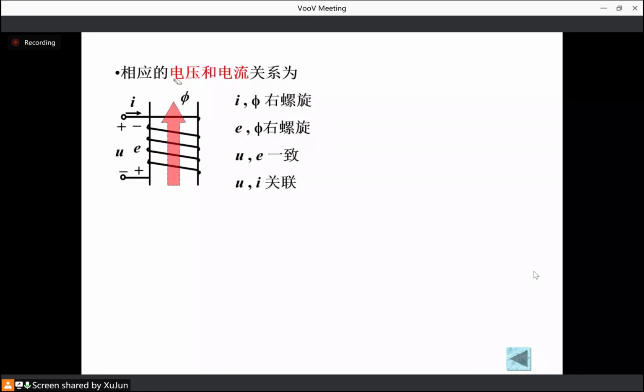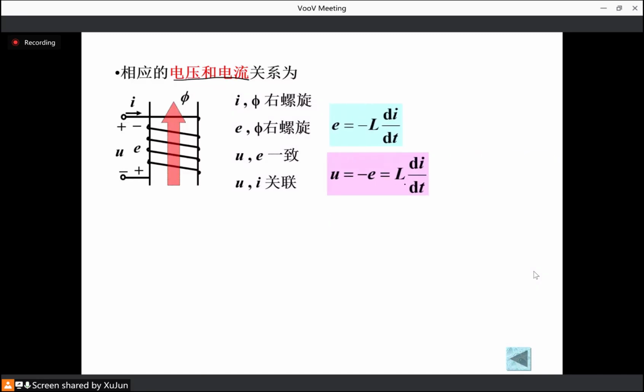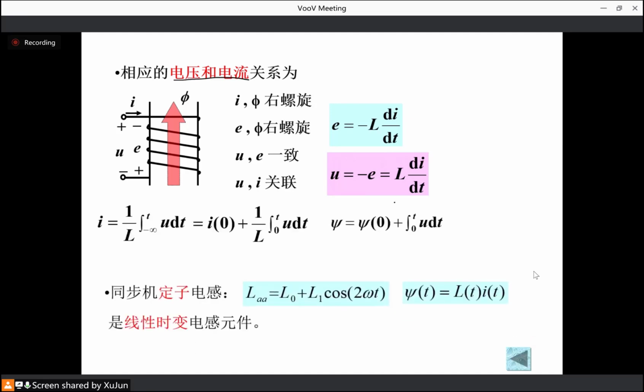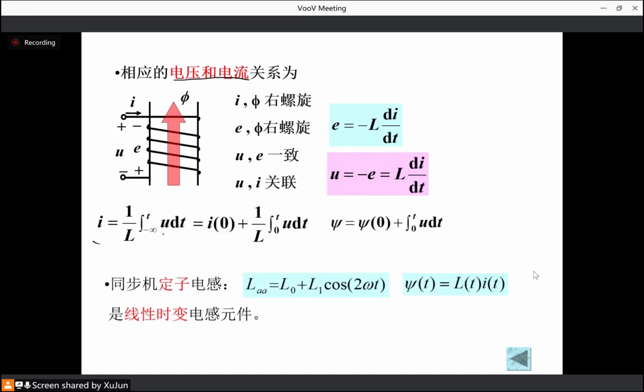And this is the voltage-current relation: U equals L di/dt. This is the U-I relation. For the common inductor, the inductance will change with time, for example L cos omega t.